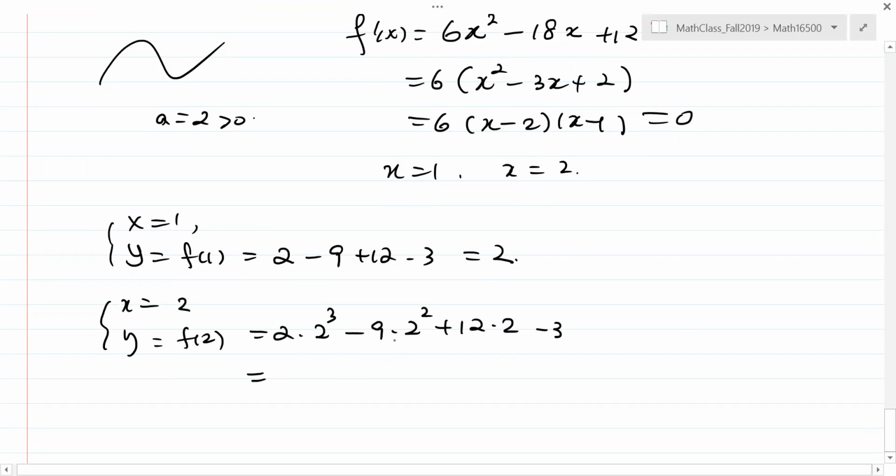So you have 2 cubed times 2, combine those together, 2 to the fourth minus 9 times 2 squared plus 24, minus 3. Then it will be 10 minus 9 is 1, which is 1. Okay, yeah, I can do that.